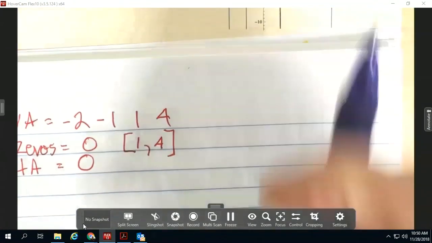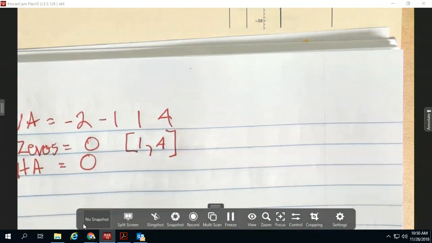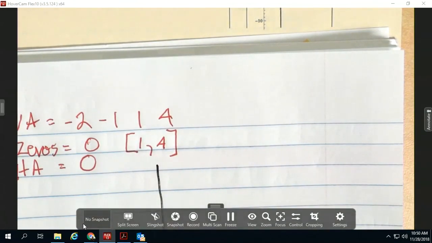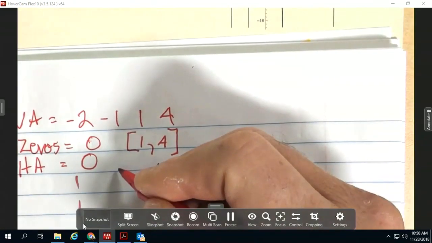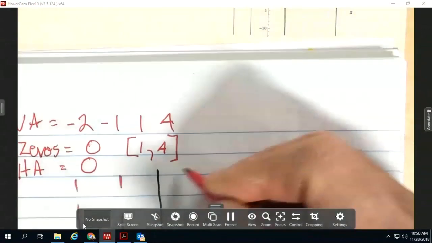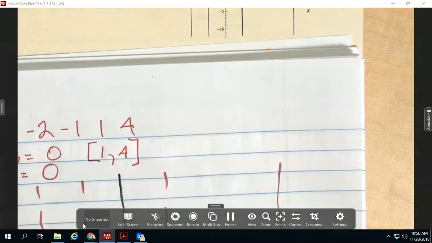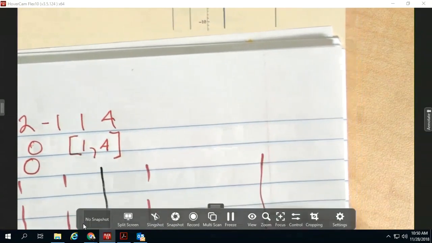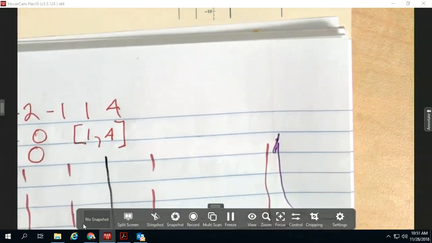When we sketch the graph, put in the asymptotes: -2, -1, +1, +4. Put in the zeros. There's one 0 here. The graph goes like that.